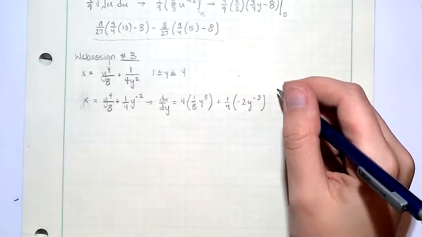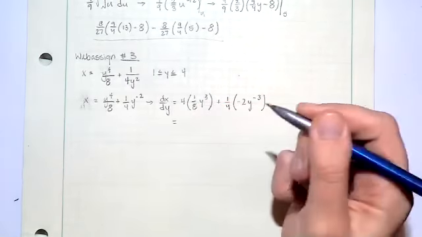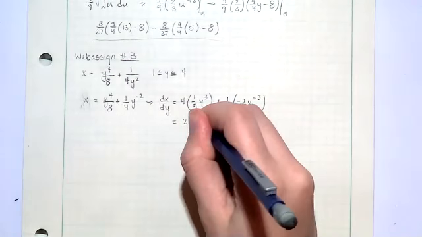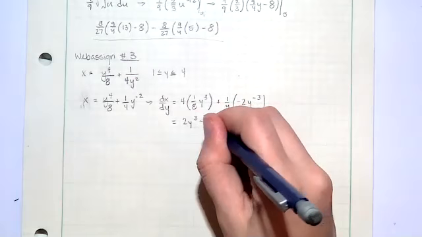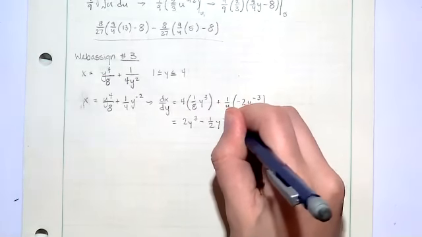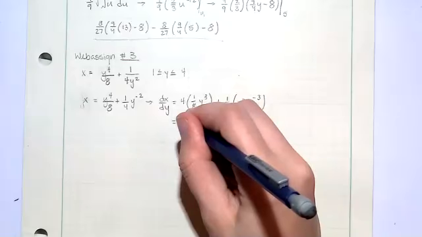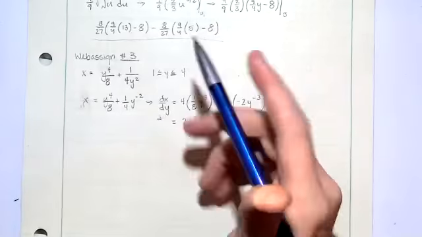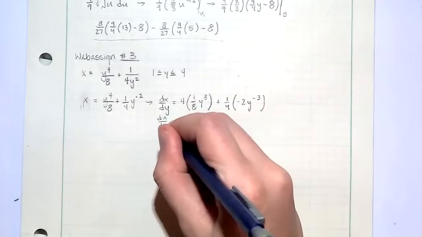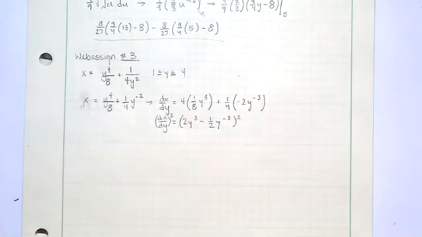Sweet. So going from there, that simplifies out so that we have 2y cubed minus 1/2 y to the negative 3. And so then you can go ahead and square that, and it'll be a little bit better.